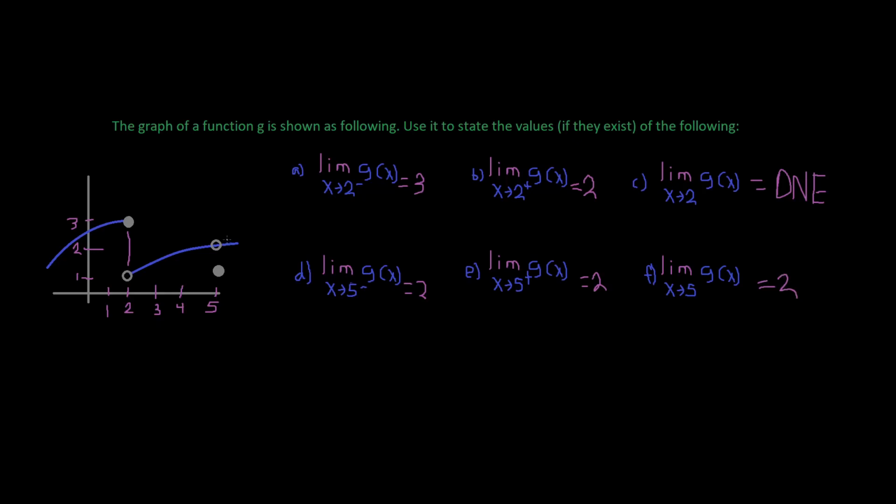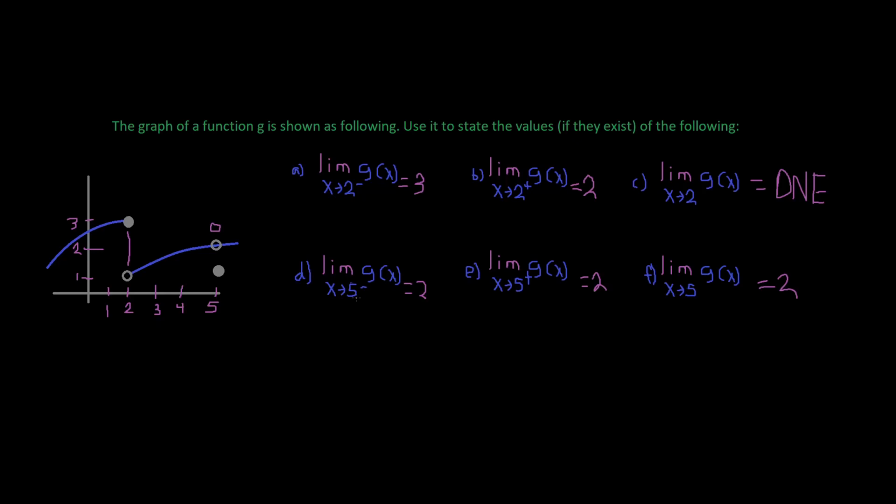And even though we have an open circle right here, an open point, despite that fact, we take notice that g of 5 does not equal 2. Right, so it equals 1. But it appears from going from the left and the right hand side, it will equal 2.